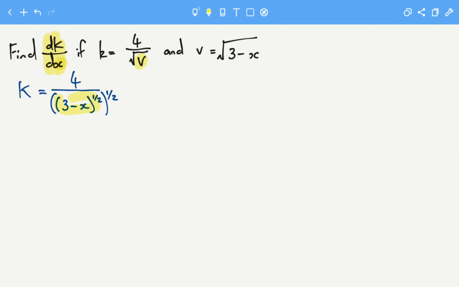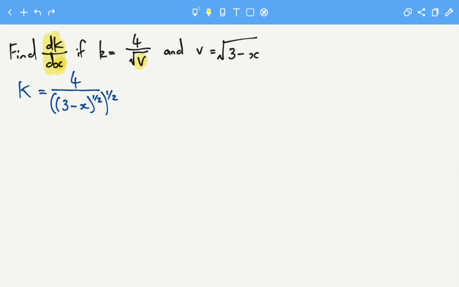So this function here is v. We've just substituted in what v equals, and v equals this here. And then v is also being square rooted. So it's 3 minus x to the power of half to the power of half.